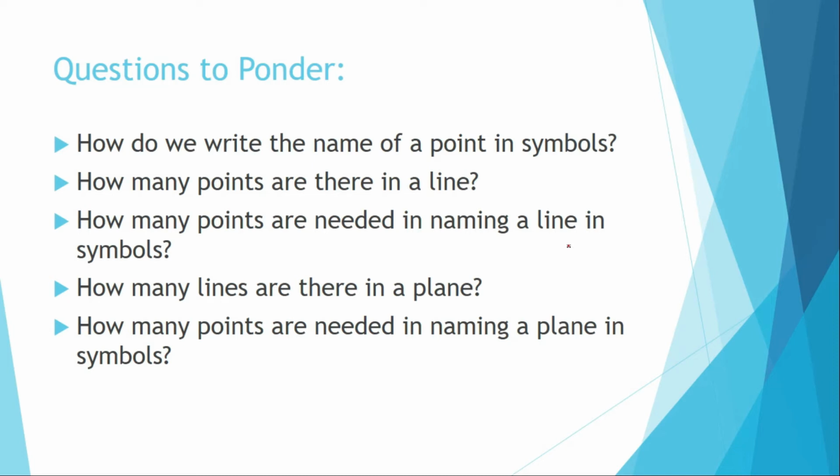So we have said earlier that a line is a composition of points that can be extended infinitely. So ilan ang points na nasa line? Very good. There are infinite points in a line that can be extended infinitely.